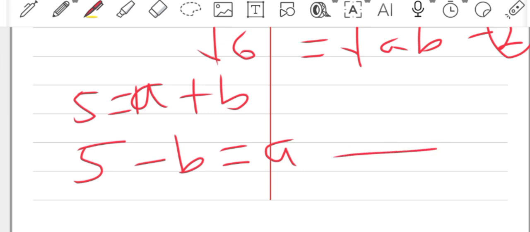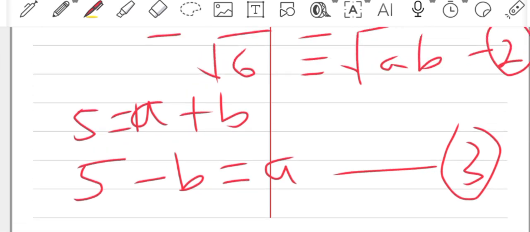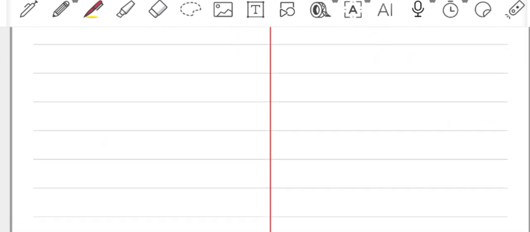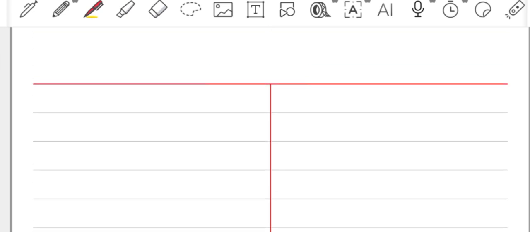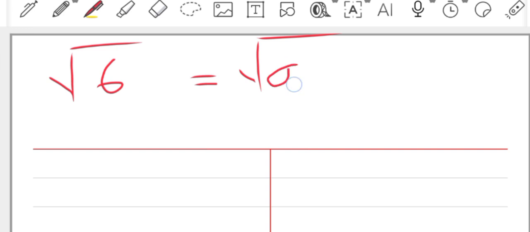This will be our equation 3. So we come to equation 2 and check what they gave us. Equation 2 gave us root 6 equal to root ab.